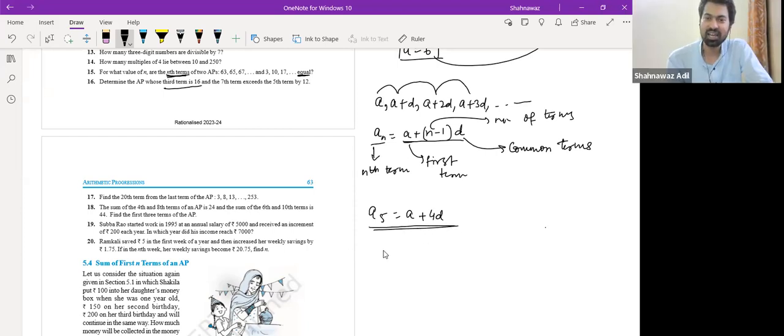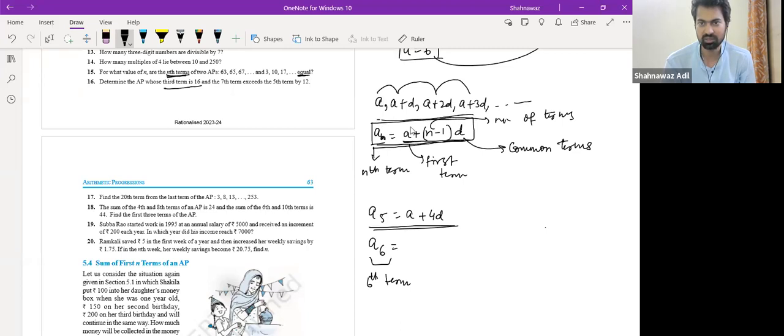Yes, Adil, what would be, let's say, A6? Just apply this formula and then you'll get the answer. In place of n, we have to put 6. So what would be A6? The sixth term. Right, so just use this one. In the second exercise, only this formula would be used. So what would be A6, Adil?